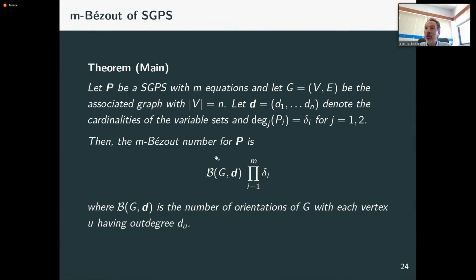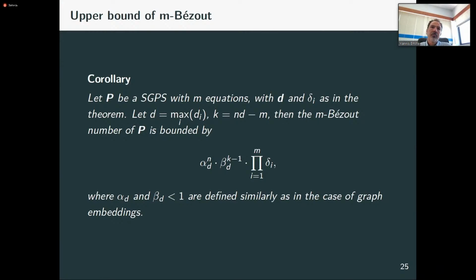But one has to count the orientations, and this is where we can bound capital B by the closed form formula that uses alpha to the power of n. So we have a fast way to bound m-Bézout without going to the permanent. Okay. So if I bound the number of orientations by alpha to the nth times beta to k minus 1, I have the best upper bound available right now.